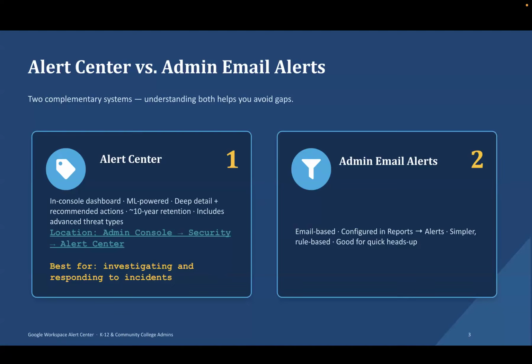You can just have it log inside of there, and then you can go and view it inside of your Alert Center, whereas your admin email alerts are configured to be reports that are sent out to you and things along those lines. I like the email alerts because I can get those in my email. And I'm going to show you a couple of neat things that you can do with those email alerts in just a few moments.